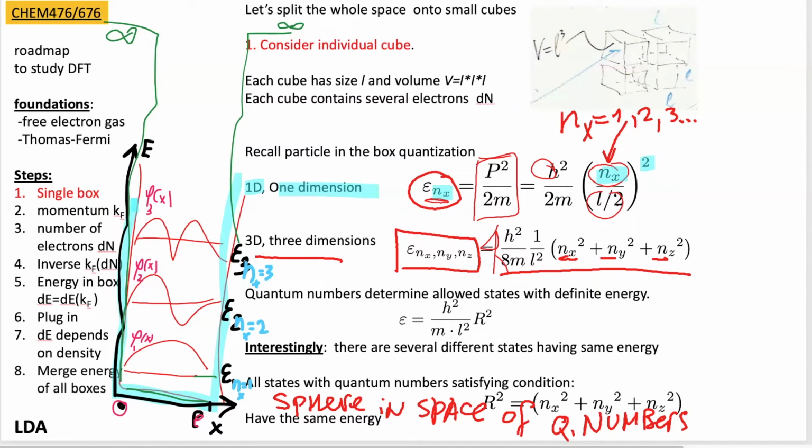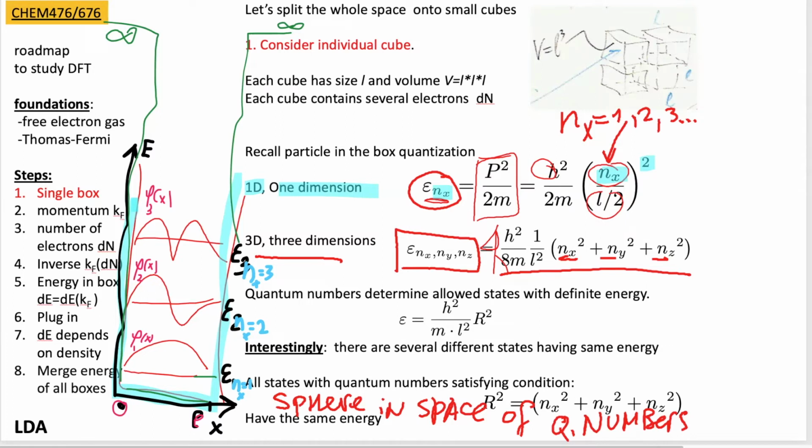The smaller the box, the bigger the offset of energy. The larger the box, the smaller the offset of energy. Please give me a sign if we are good on this. If anyone disagrees, let me know. Okay, I do not see anyone disagreeing.